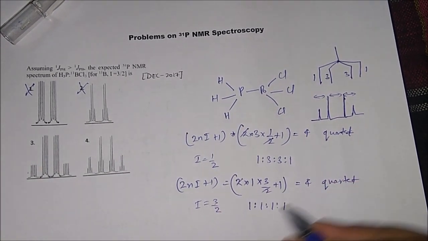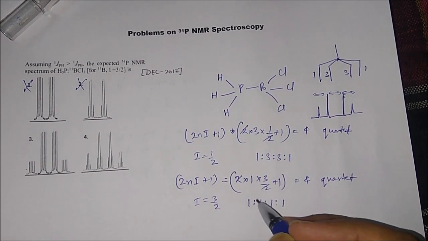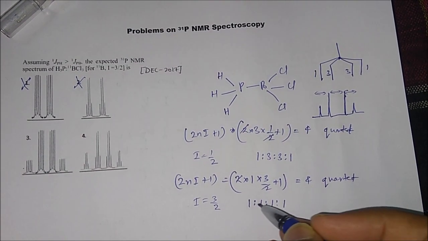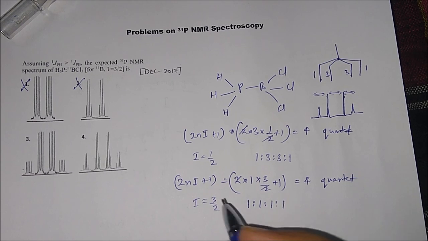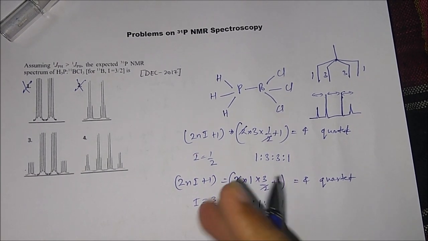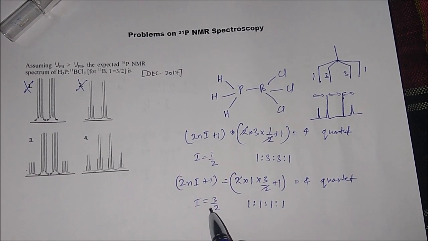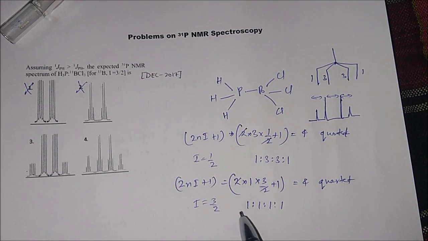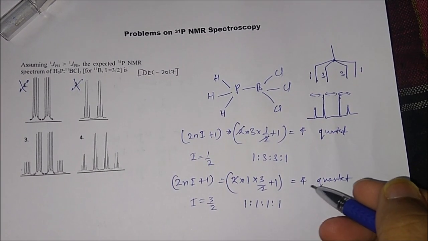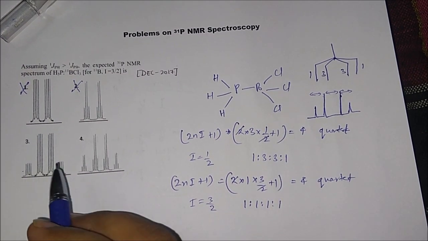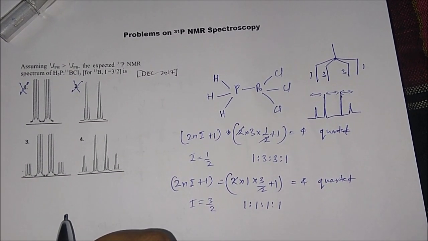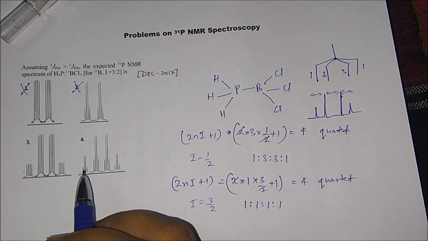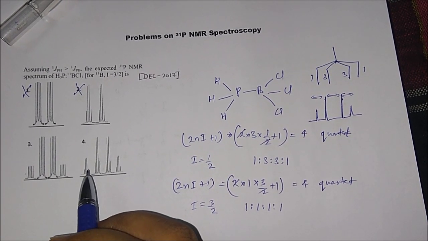But now this boron will split these signals further into 4 parts of the same intensity. If you don't know about this ratio, how to do this question? It tells that it is split into 4 parts. Here also it is split into 4 parts, and here also. But here the split signals are in ratio 1 ratio 3 ratio 3 ratio 1.